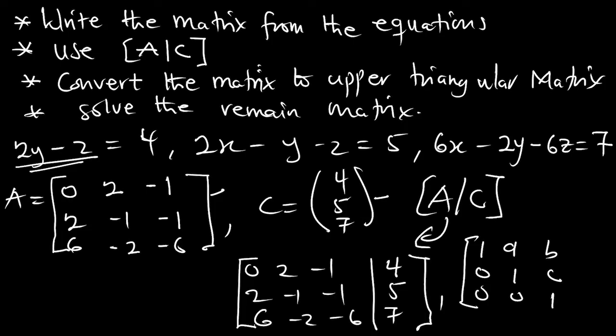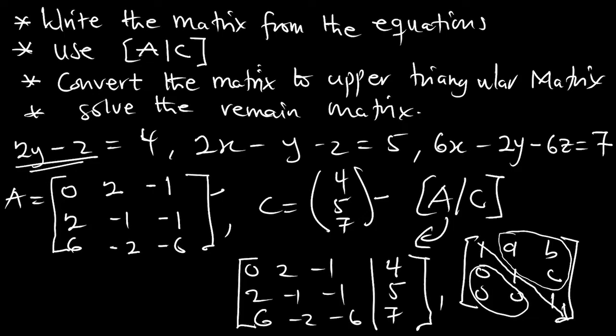So this is an upper triangular matrix. It's a matrix that has 1s on the principal diagonal and 0 below the principal diagonal, and has other elements apart from 0 on the upper side. So this is an upper triangular matrix.